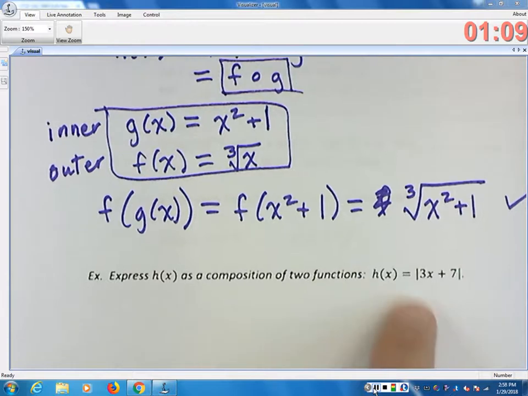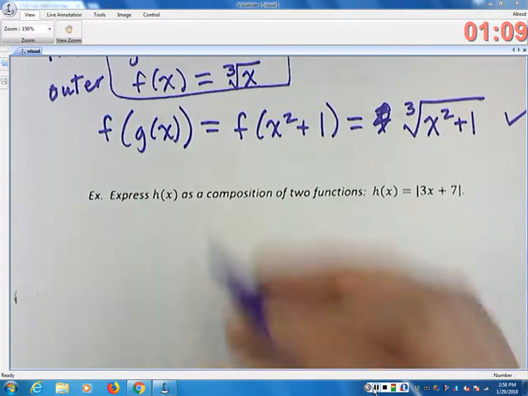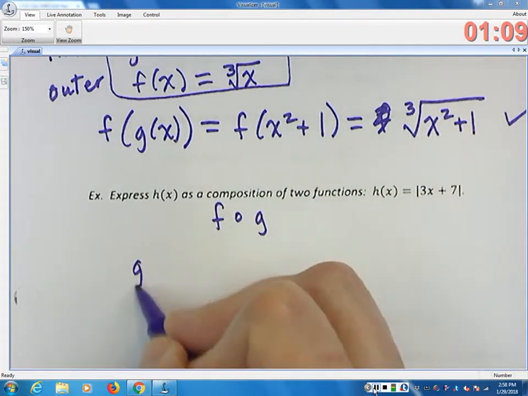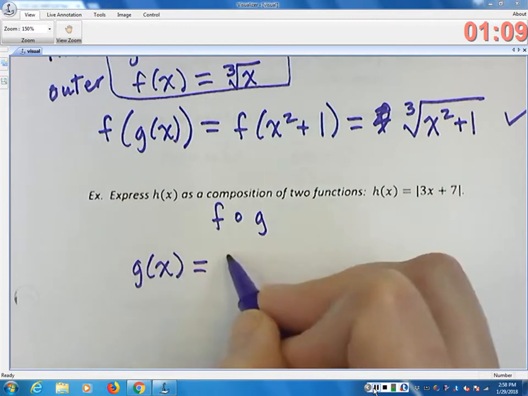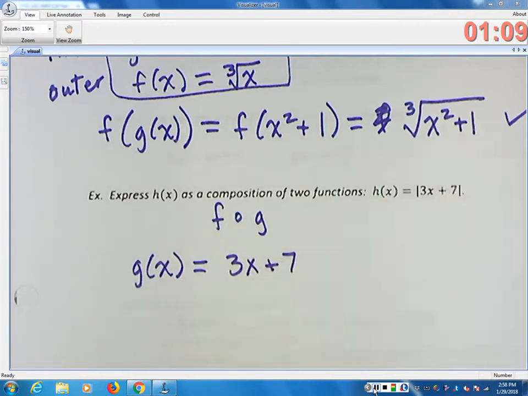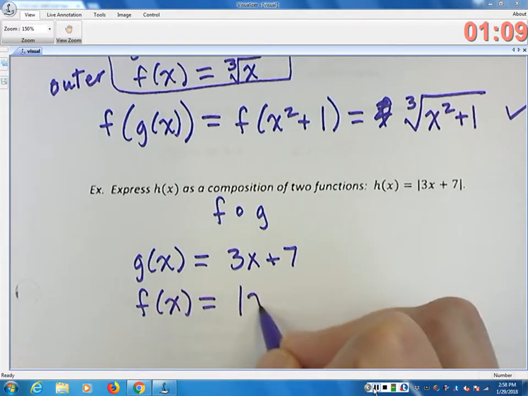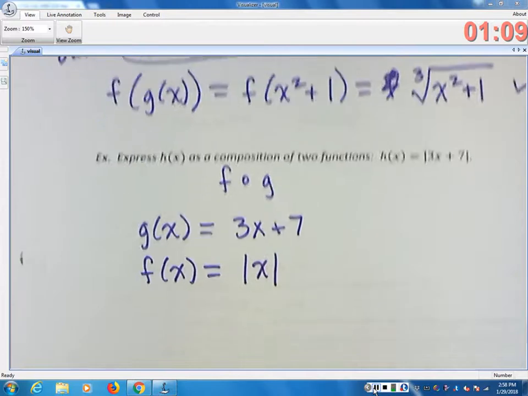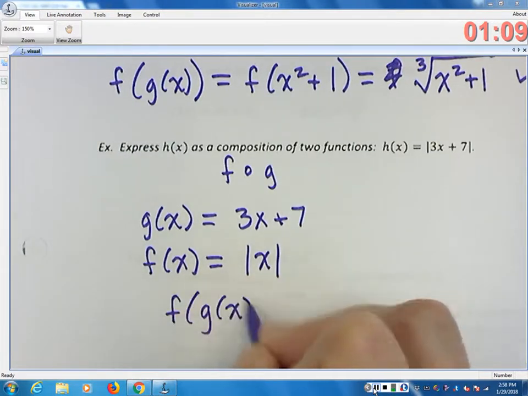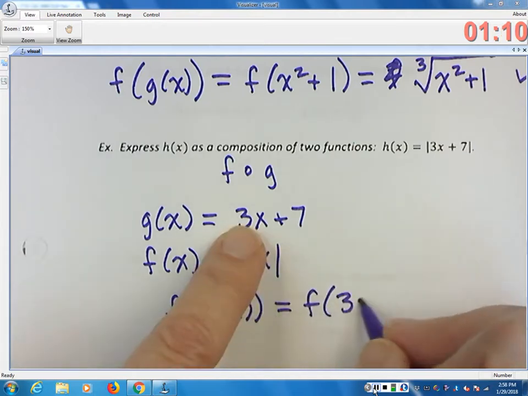Alright, and if you want to do this one, we're going to do f composite g again. So g of x is going to be the inner function. That's going to be 3x plus 7, what's inside the absolute value sign. Then f of x is going to be the absolute value of x. And then you check it by doing f of g of x, f of 3x plus 7.